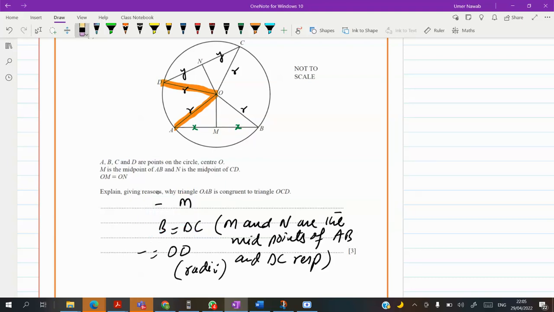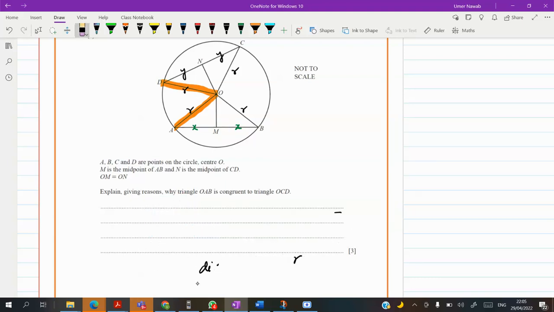Let me write everything again, then you will not have any ambiguity in your mind. OA is equal to OD. What is the reason? They are the radii of the same circle.